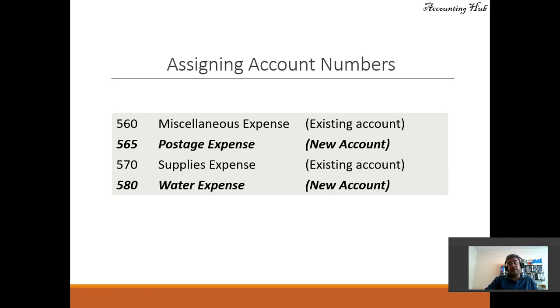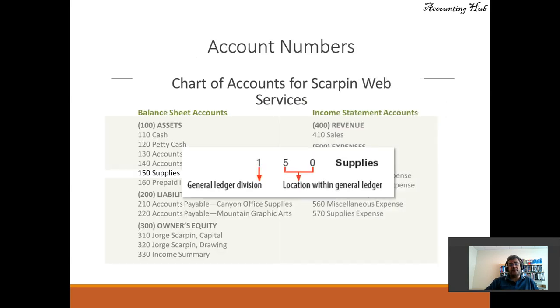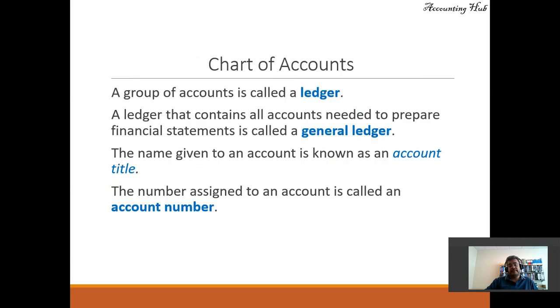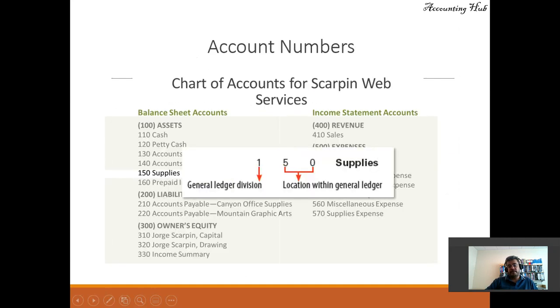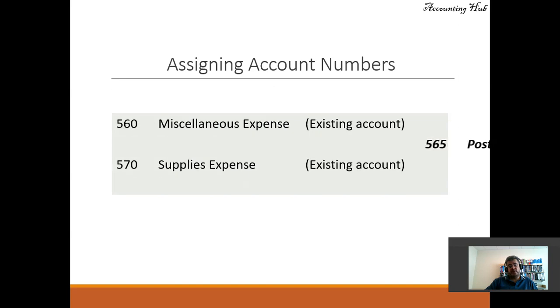Probably your instructor will give you an assignment to create these accounts, to create what we call again the general ledger. This is a ledger that contains all accounts needed to prepare financial statements. So if your instructor asks you to do that, it is not hard.